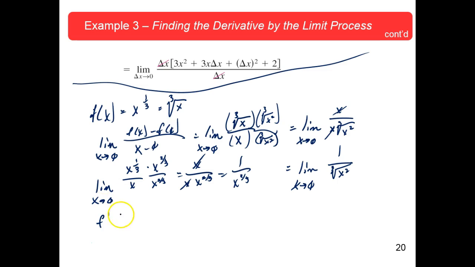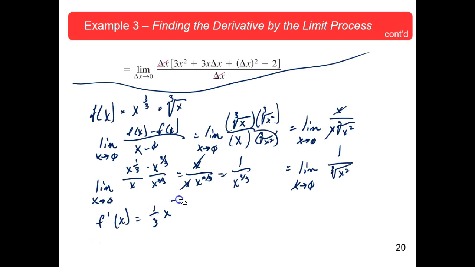But let's do the power rule. That'd be 1/3 times x, which is 1/3 times 1 is 1/3, x to the minus 2/3, right? 1/3 minus 1 would be negative 2/3, right? Maybe I should have put that stuff in there.